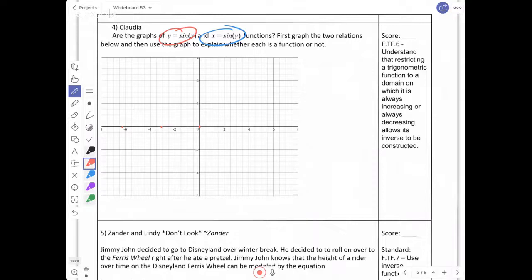Pi and 2 pi. So pi over 2 would be kind of right up here, and down, and down, and up, and down, and up.